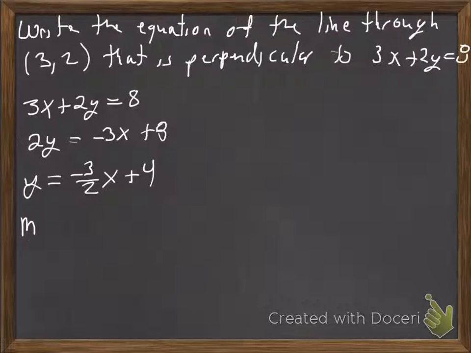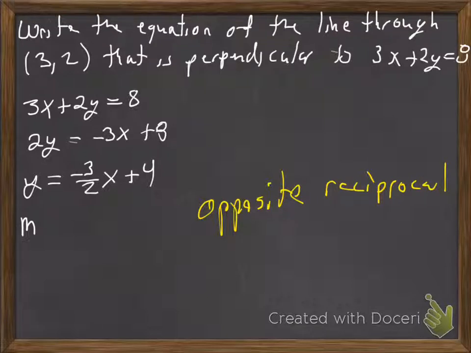Now when we find the perpendicular slope, it's going to be the opposite reciprocal, which means we flip the fraction over and then use the opposite sign. For example, if we had 1/2, the opposite reciprocal would be negative 2 over 1.